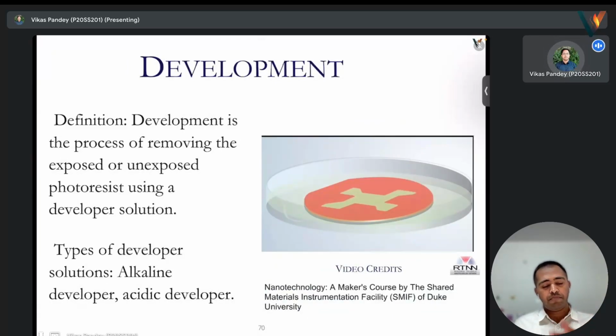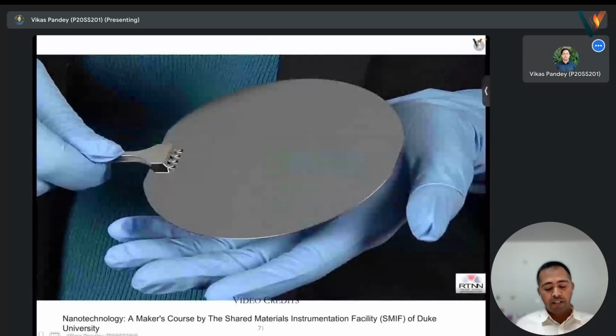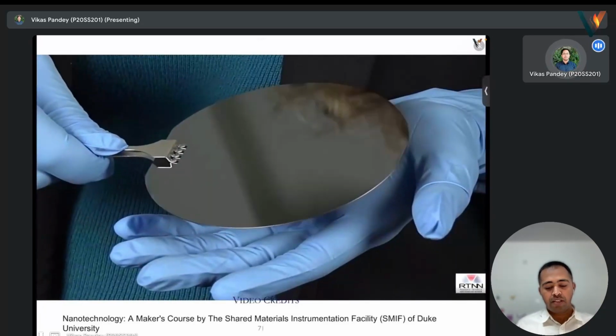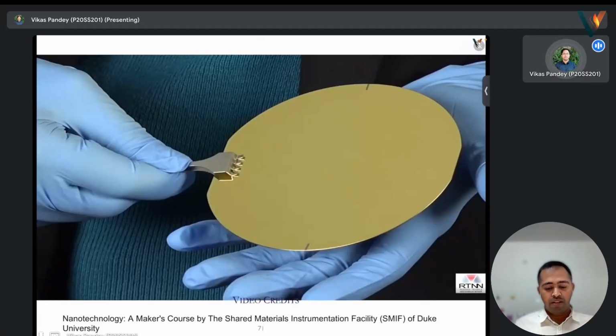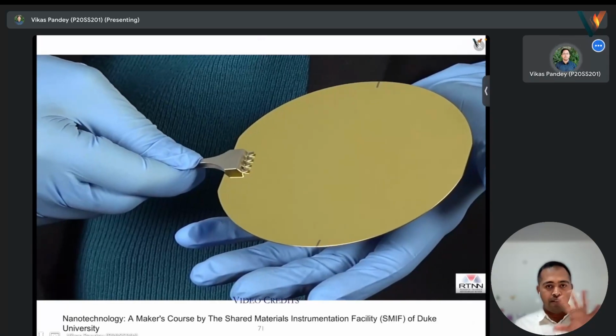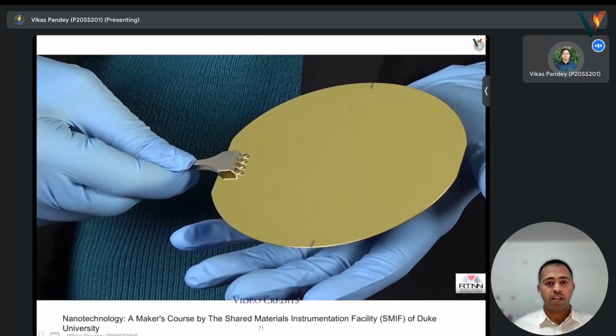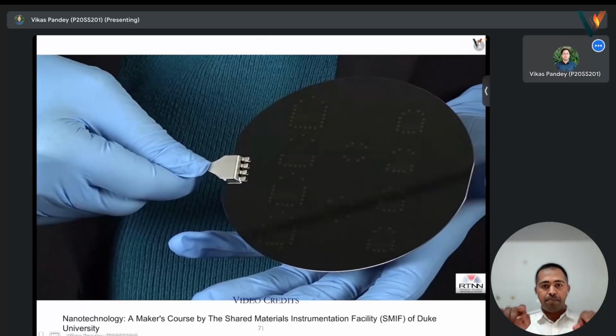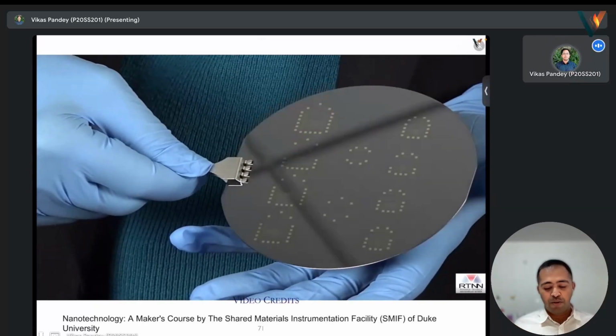Then we will have a pattern that can be developed. If we put it in the developer, that area will get removed, the other area remains. Then if you see this wafer, it is coated with gold or something, and at last the patterns are made over it.